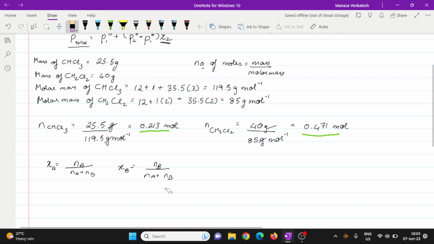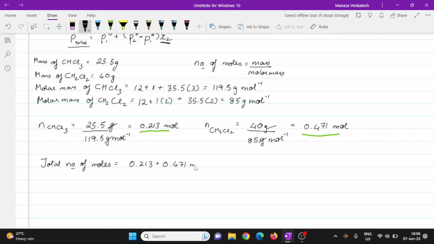Okay, so using the same equation, we obviously need the total number of moles. So let's first calculate the total number of moles to make it a little easier. So the total number of moles will be equal to 0.213 plus 0.471 moles.